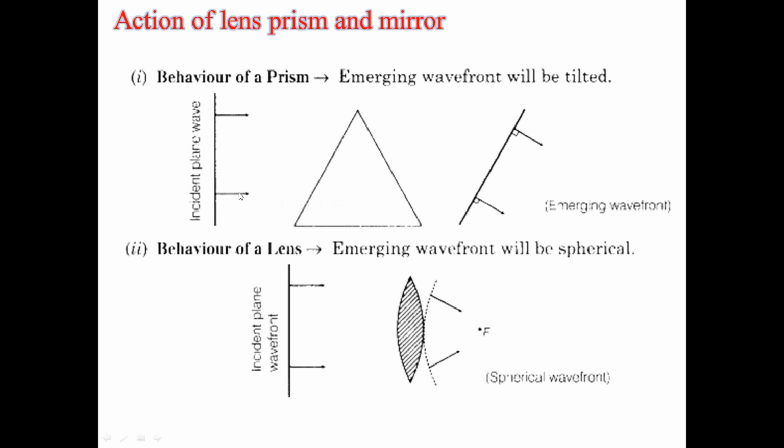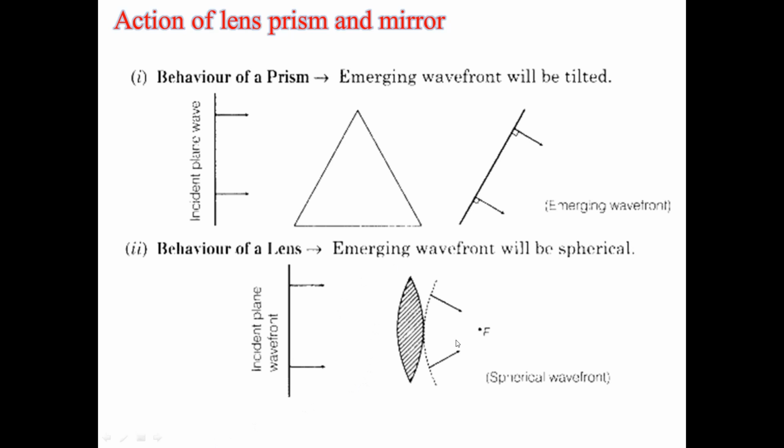So the total distance covered by the wavefront passing through the base of the prism will be less, or the wavefront gets delayed while passing through the base of the prism. So the emerging wavefront is tilted towards the base.